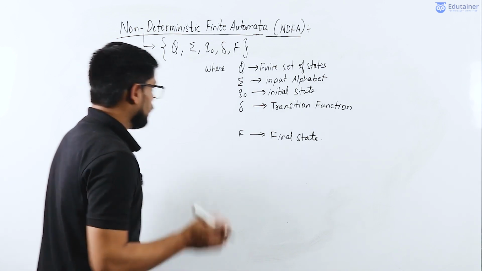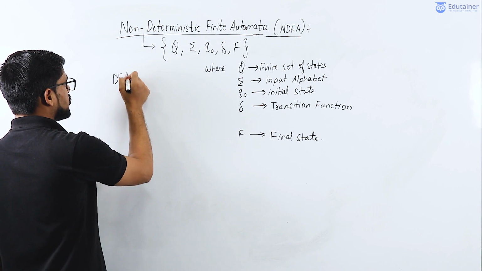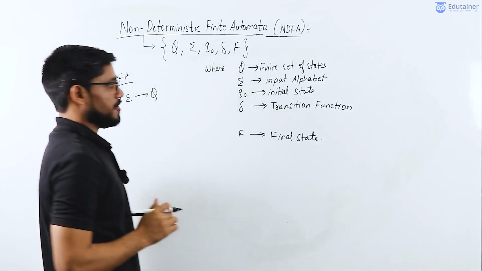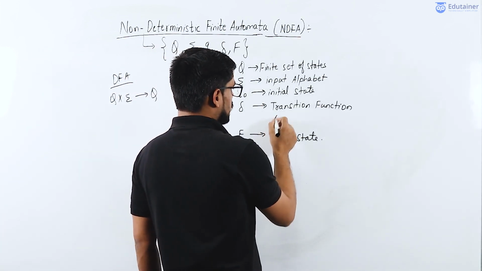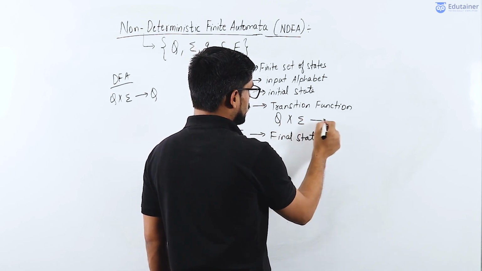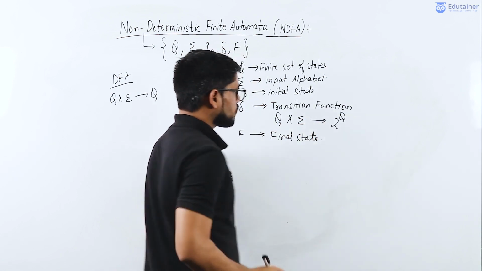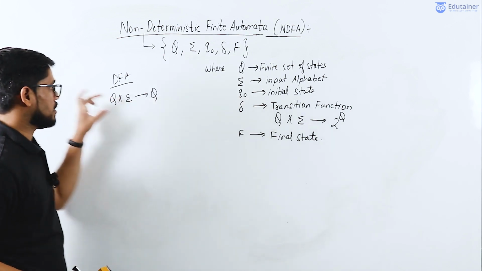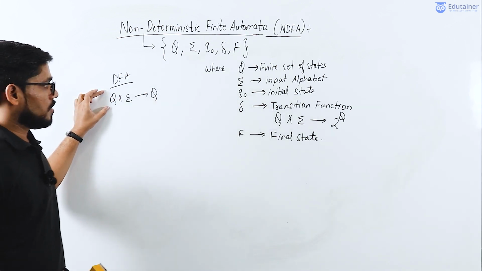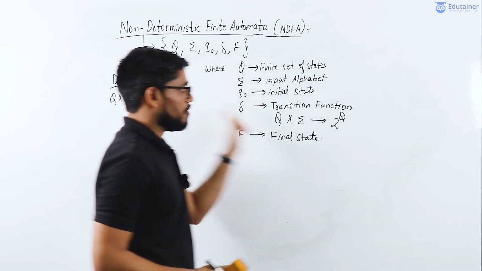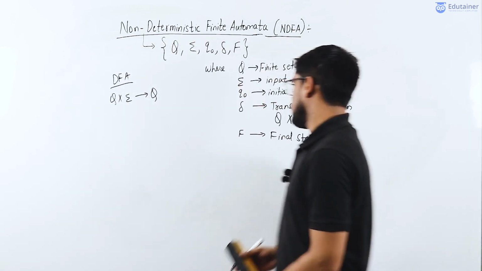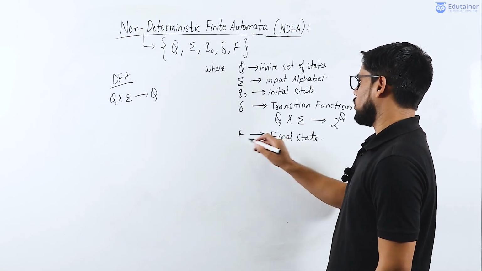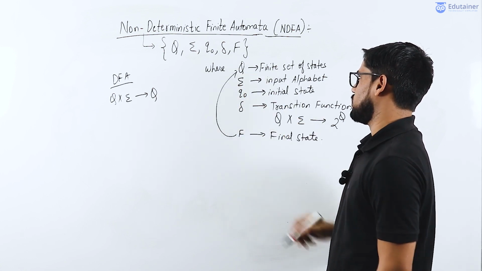In DFA the transition function is Q cross sigma tends to Q. But in NDFA, the transition function is Q cross sigma to 2 raised to the power Q. This is the transition function for NDFA and this is the transition function for DFA, and it makes much more sense in NDFA and DFA. The final state will remain as it is. The final state will always be a subset of the finite set of states.